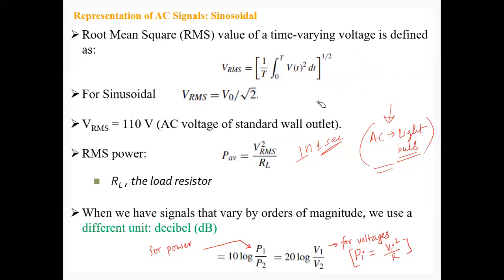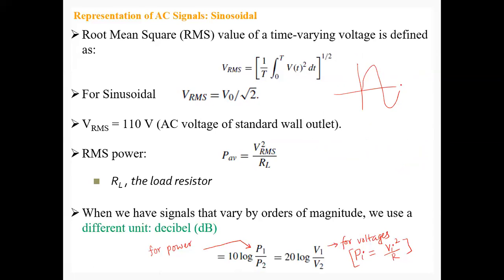Okay, all right. So now the voltage varies from 0 to maximum, but when you measure the AC voltage using a multimeter, your multimeter does not give you fluctuating voltage, right?